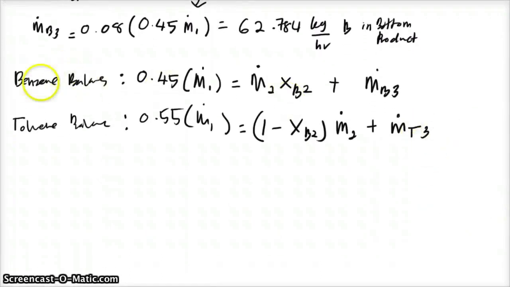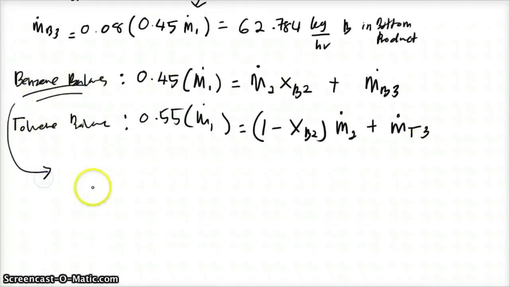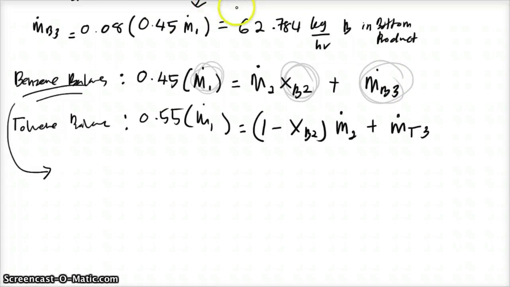So for benzene balance, let's use the benzene balance first. Since we already found the M1, and what else did we find? Did we find the M2? No. We know the XB2 from the earlier iteration, and MB3 we just found out. So I guess we can find the M2.